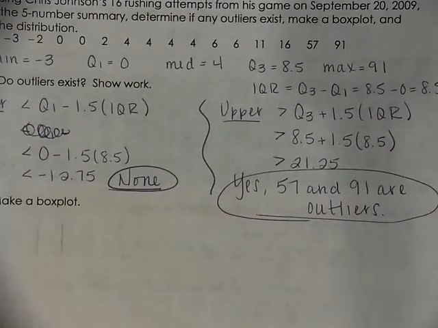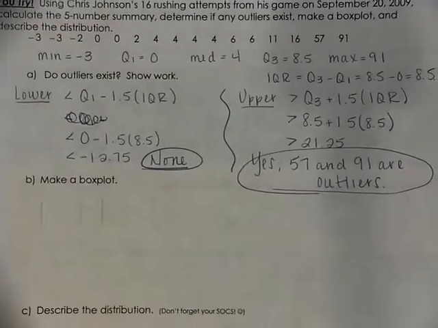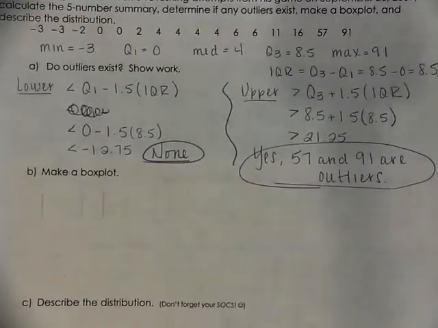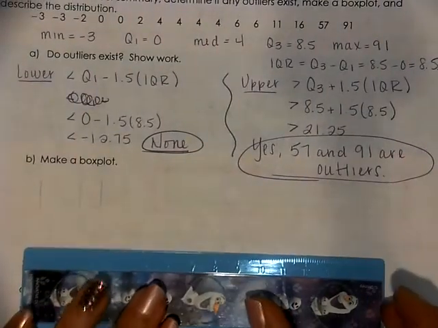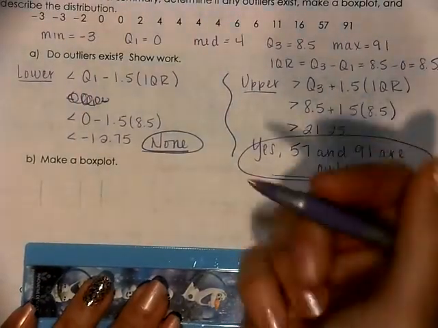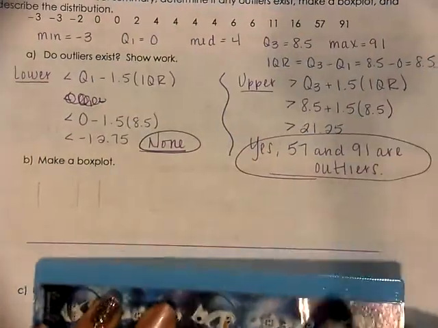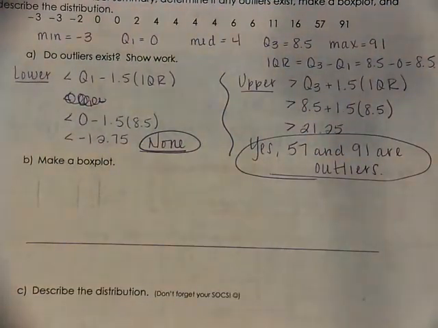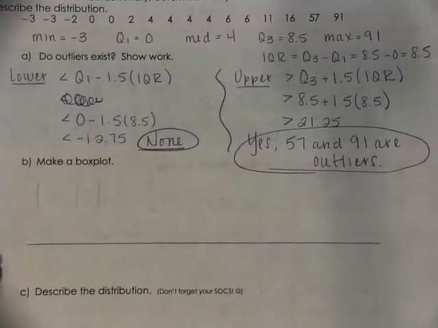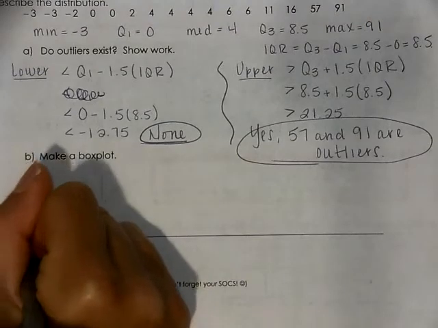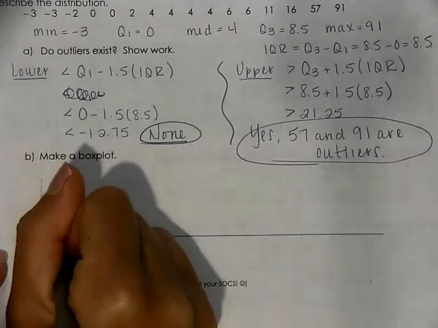So now we got to take that into account when we make our box plot. So remember, the first step in making your box plot is draw your number line. And my minimum here is negative 3, my highest is 91, so I'm just going to go by tens, I think, starting with negative 10.